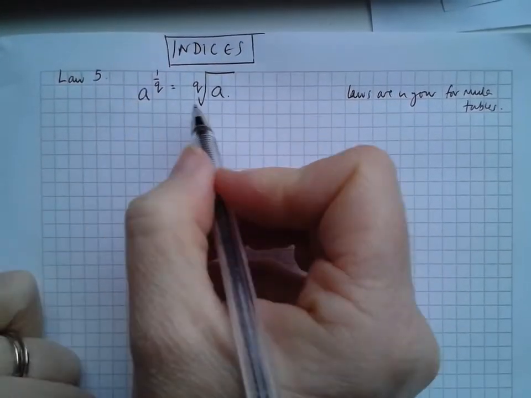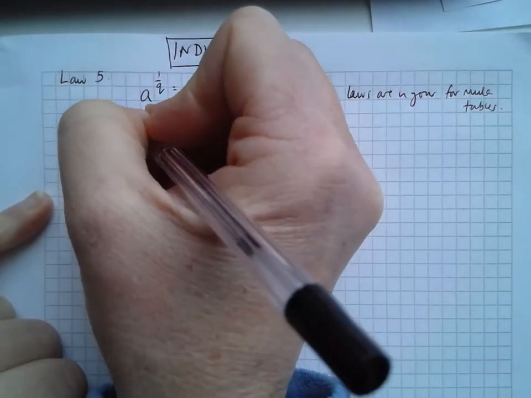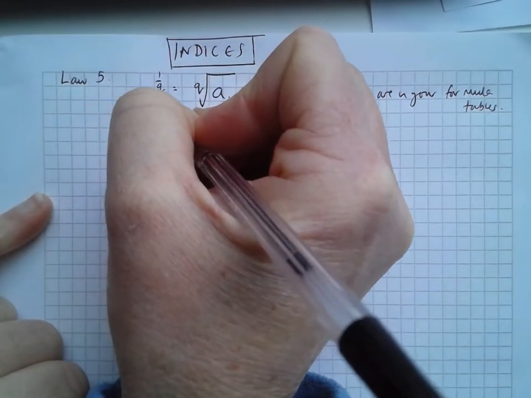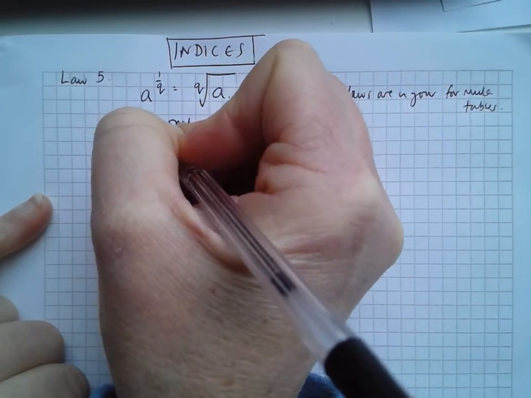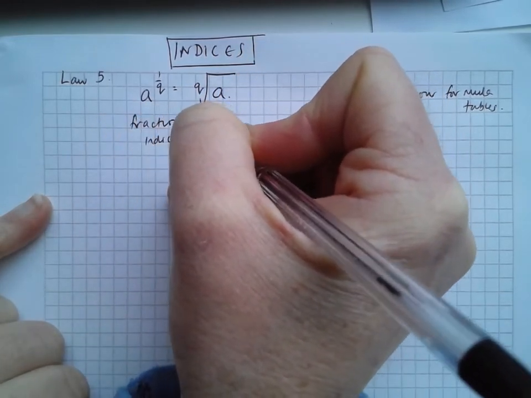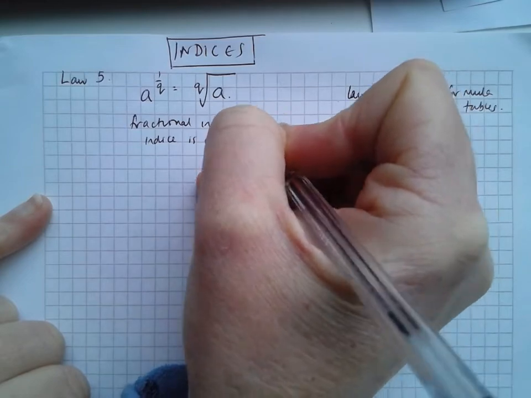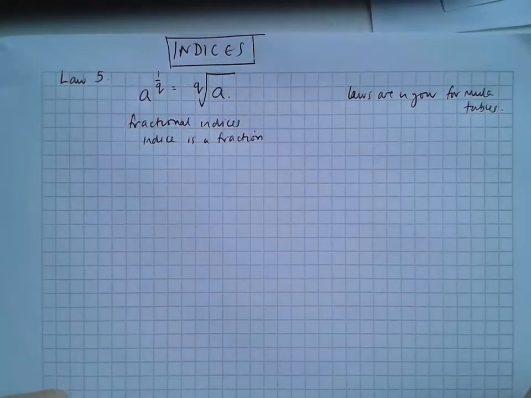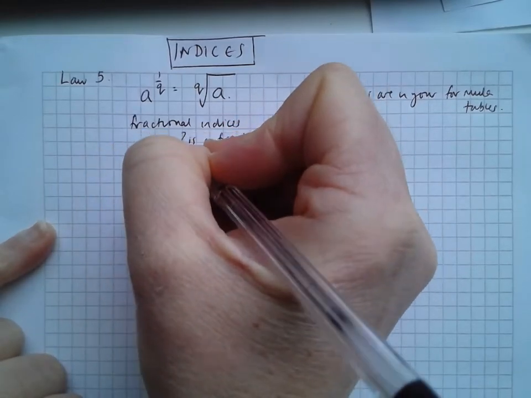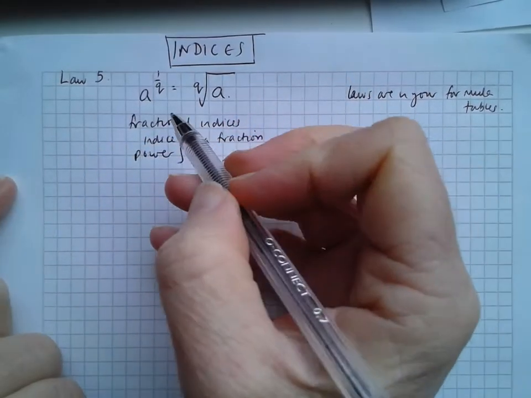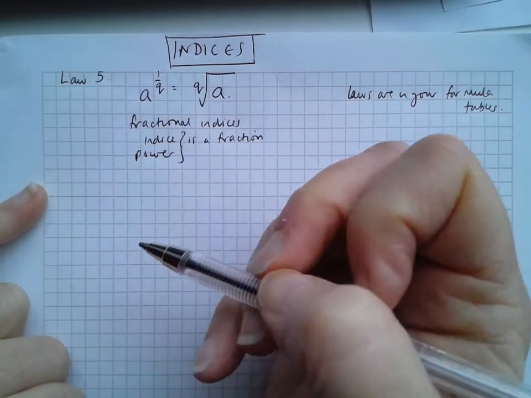This one is all about what's called fractional indices, and that's because the indice is a fraction. Not rocket science yet, I suppose. The power is a fraction. So when we have something like a to the power of 1 over q, that's how we say it.